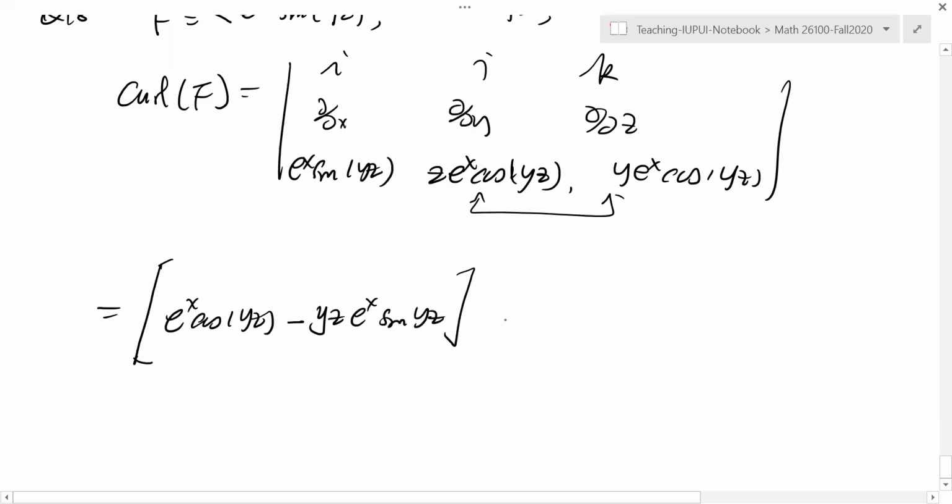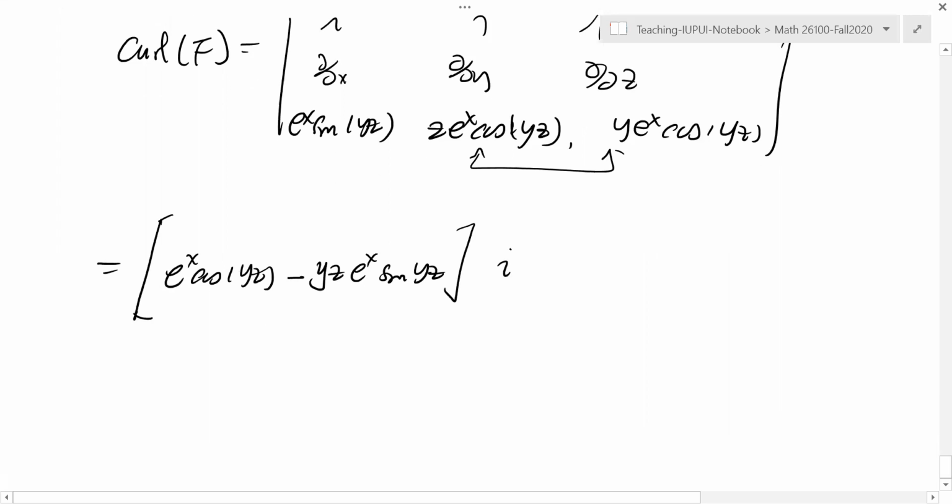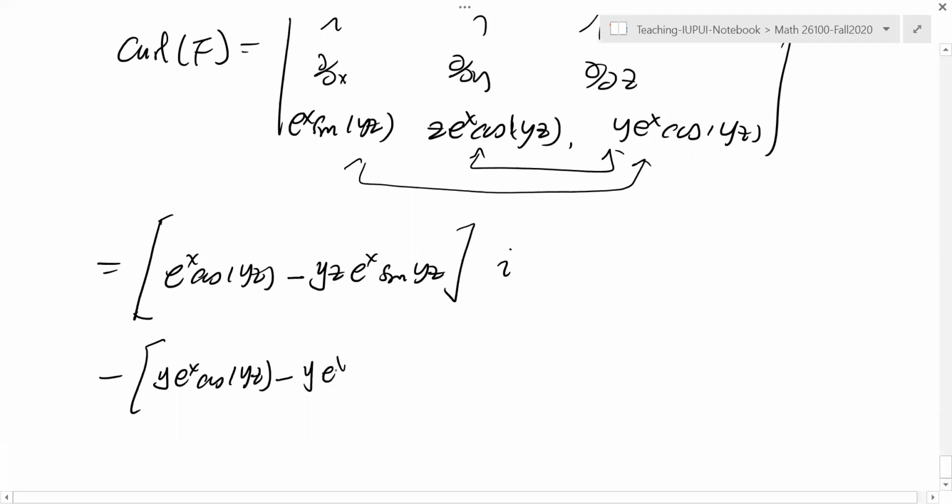Minus in those two terms. When I differentiate, I get y e to the x cosine yz. Then I differentiate with respect to z. So I get y e to the x cosine yz.